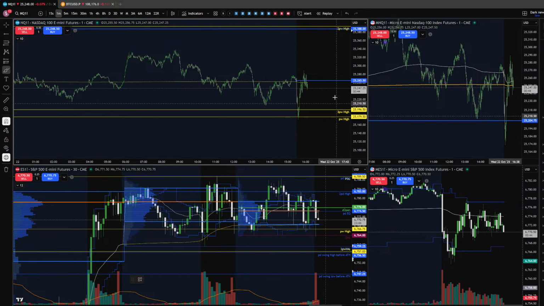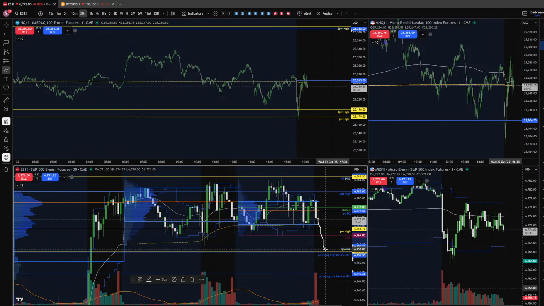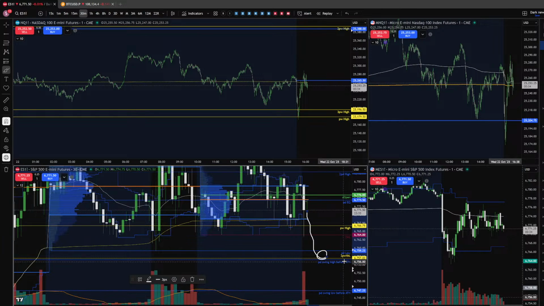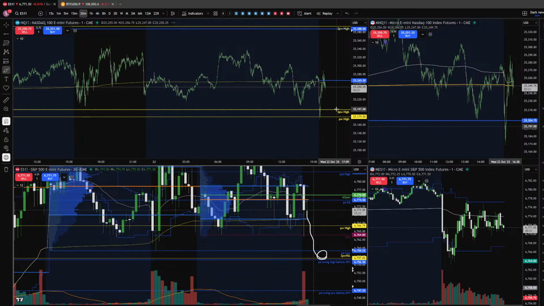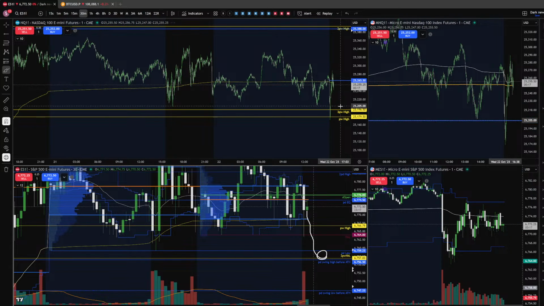We can expect ES to drive lower again, clear previous day low, and find a bounce here on the previous week value area low where we were looking at before. From here, bounce, and NQ not making new lows, but maybe retesting previous day low.